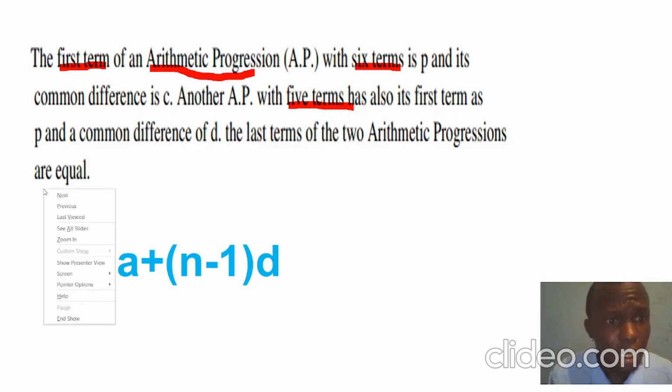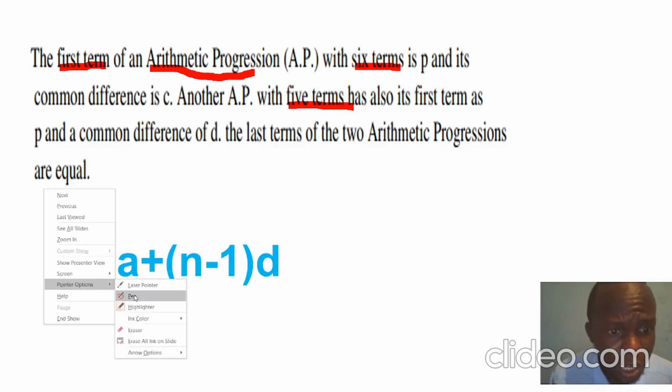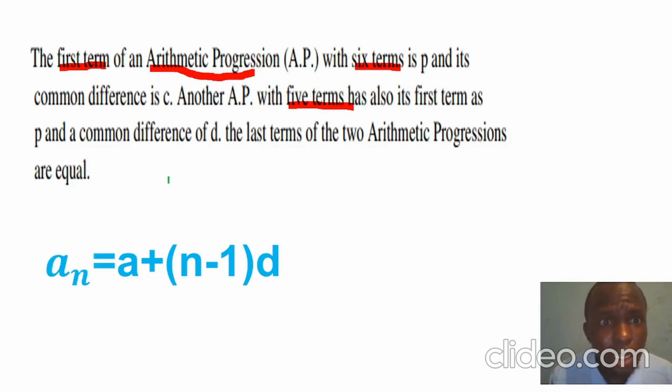So in this case, you realize that this is C and this is the common term. Both of them have the same first term.